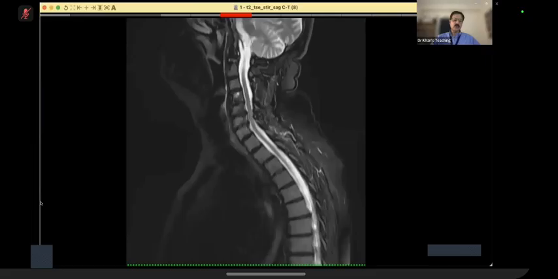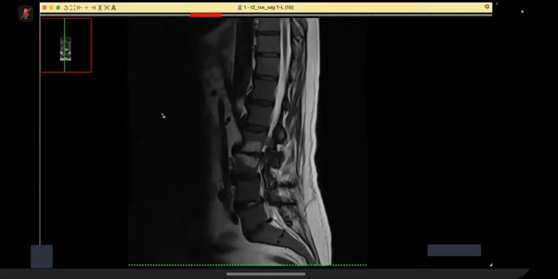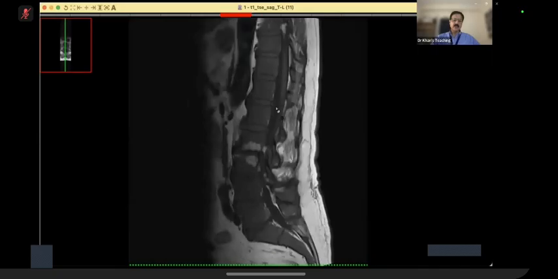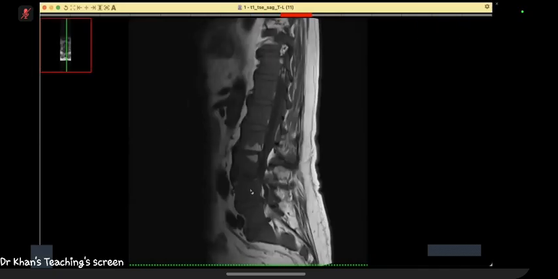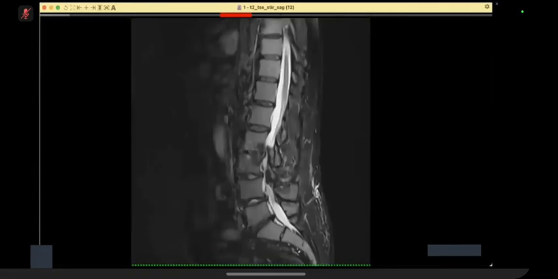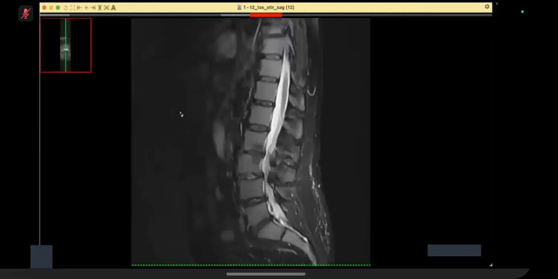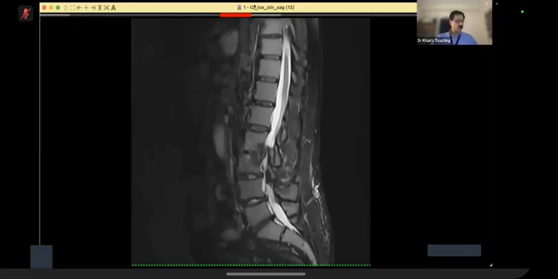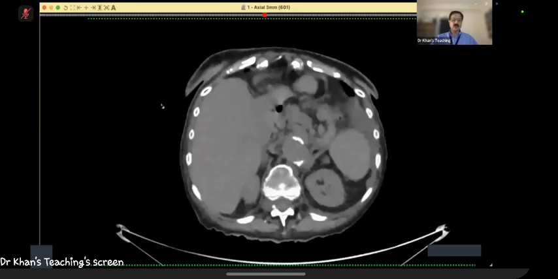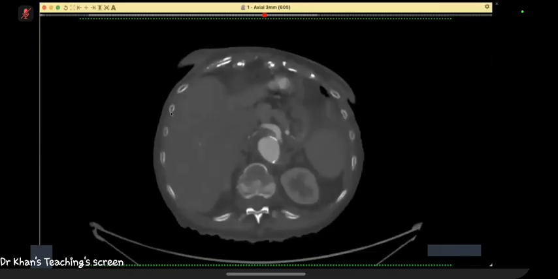I did not show you the lower spine, but again, same finding there. Here there is a bit of marrow which is still not infiltrated. And this is the STIR sequence, and look at this. So this was a case of diffuse marrow abnormality, and actually it was multiple myeloma. The candidate did well there, and so that is fine.